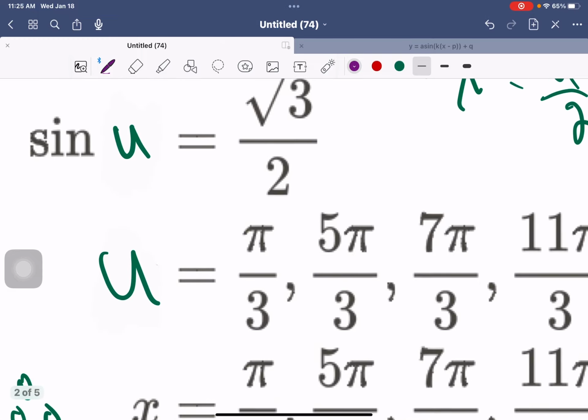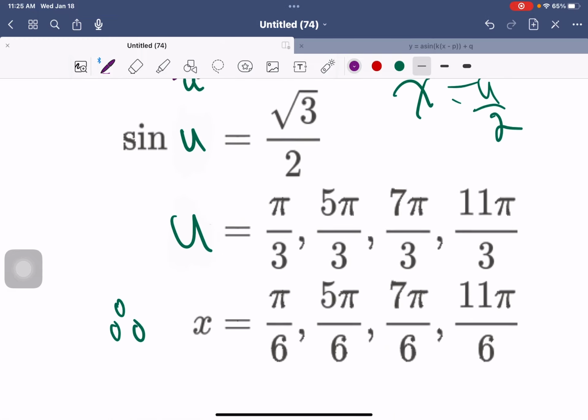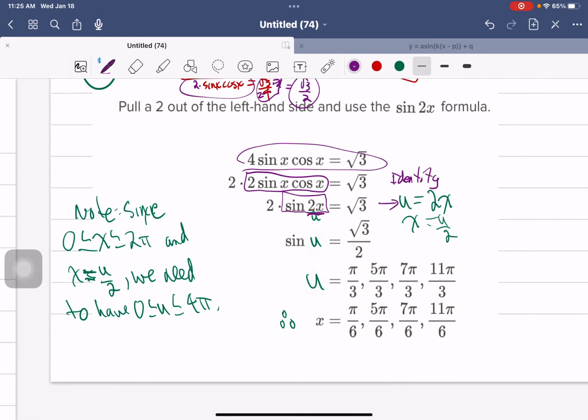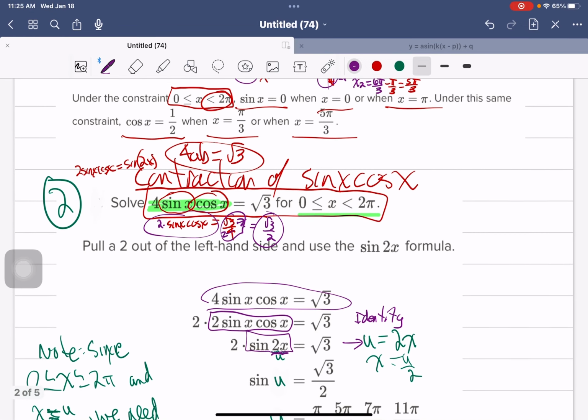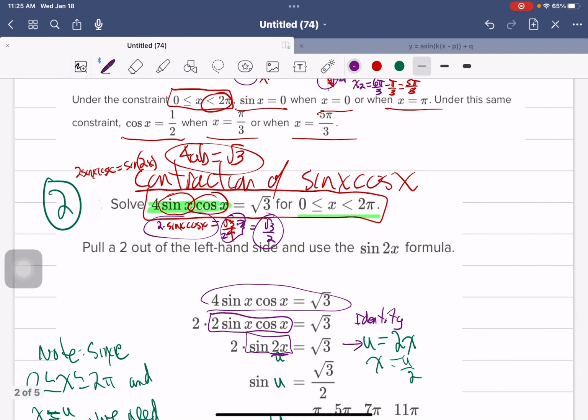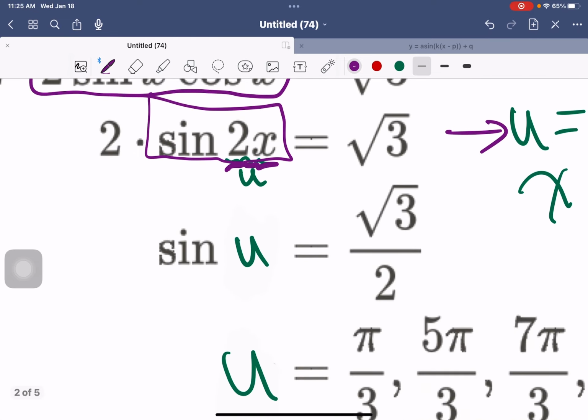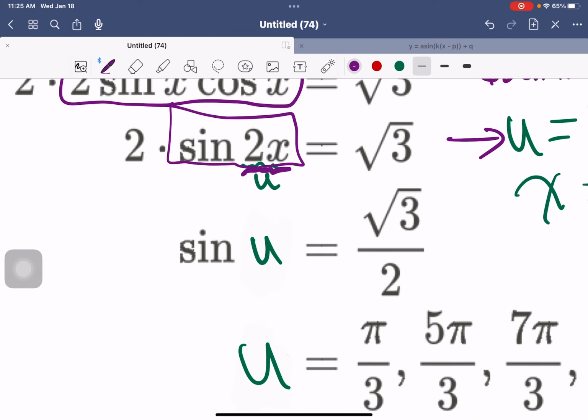Now I get all my u values, right? And I'm not going to go through that. You know how to do that. So pi by 3, 5 pi by 3. Here's the big idea. I forgot to mention this. I'm working with sine 2x. And the period then is, what's the period going to be for this?